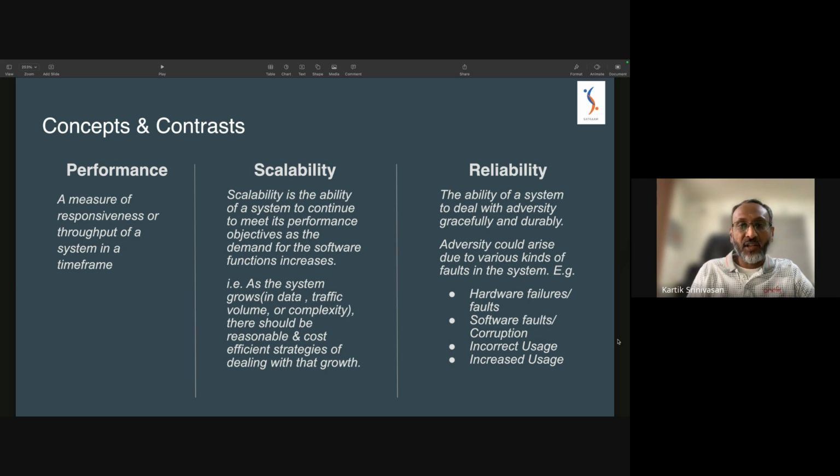After a service has been done, does the bike not break down after 1,000 kilometers? That is a good measure of reliability, right? So you did a servicing for the bike, and then can I run the bike for the next 1,000 kilometers without a single failure, or without any kind of a fault in the system? I think that is a reasonable indicator of reliability. So some of these kinds of things are what the concepts are taken into software as well.